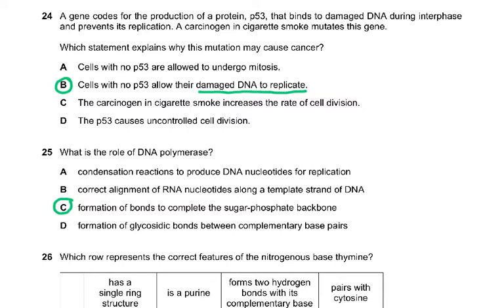What does P53 do? It binds the damaged DNA during interphase and prevents its replication. So if this gene is mutated, it will allow its replication. So cells with no P53 allow their damaged DNA to replicate. Read the question carefully, understand what they're asking, and then of course you'll be able to figure it out.